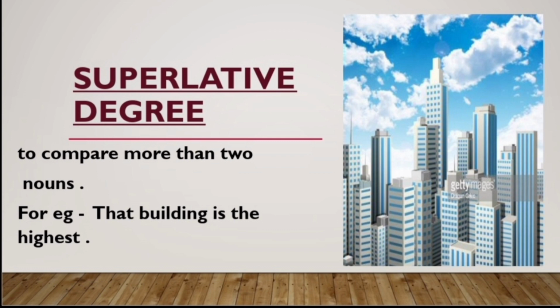Have a look at this example here. That building is the highest. So there are many buildings, right, in the picture, but one of it is the highest, right, the tallest. So that is the superlative degree when we compare more than two nouns, right?